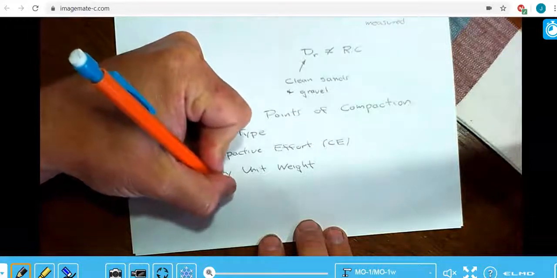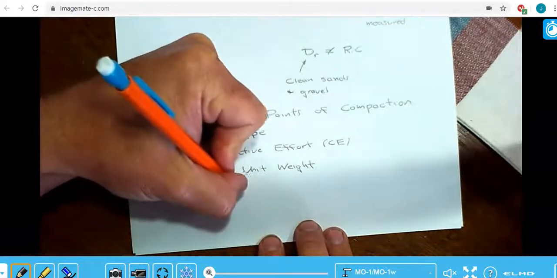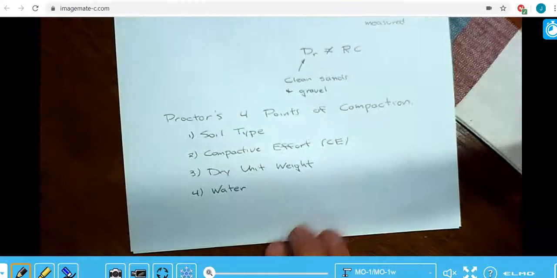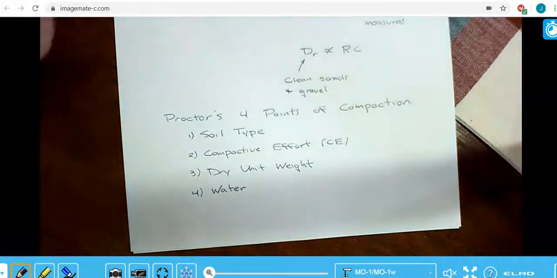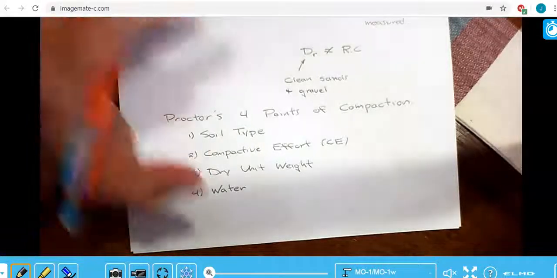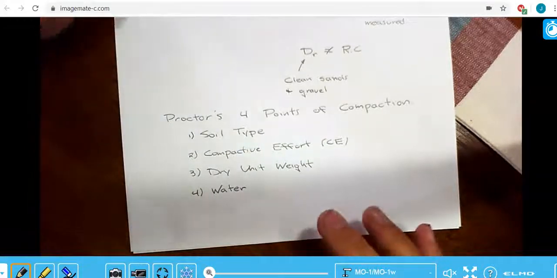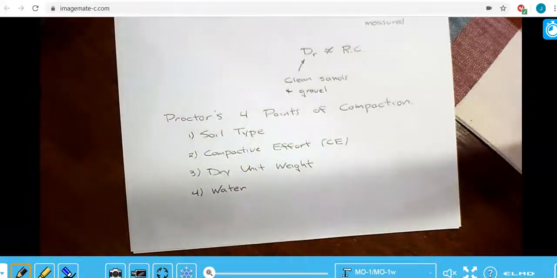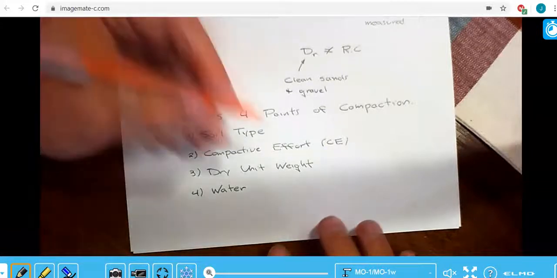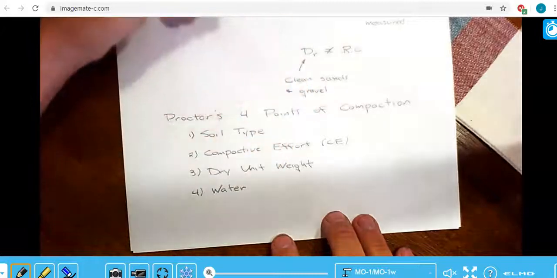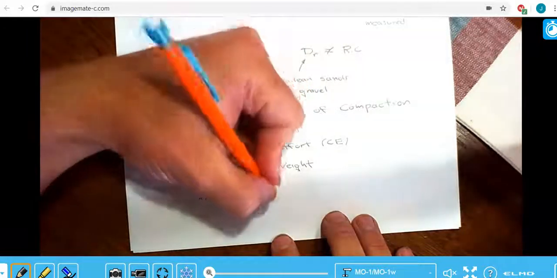And of course, let's just make this very clear. When we're talking about water content, it's the water content during compaction, right? So what is the water content when we're compacting the material? Later, after it's compacted, the material could dry out, or it could rain and get wetted. But the relationship that we're trying to assess is the water content during compaction and the dry unit weight that's achieved.